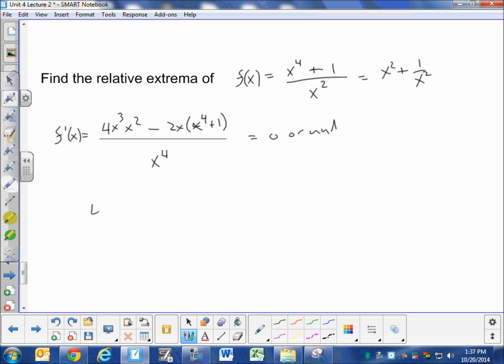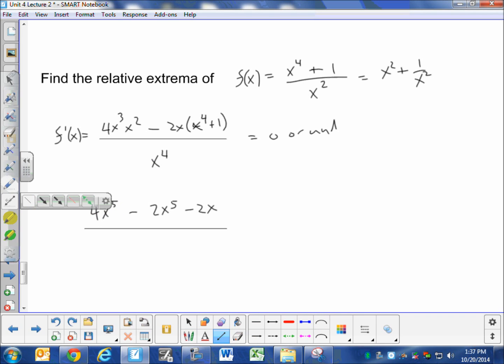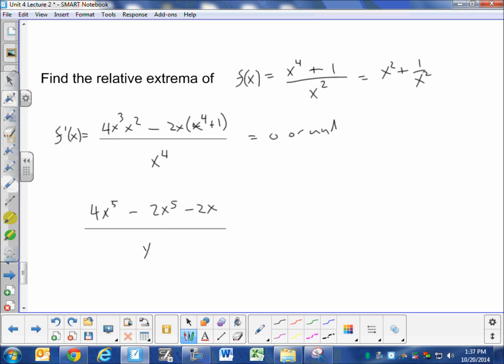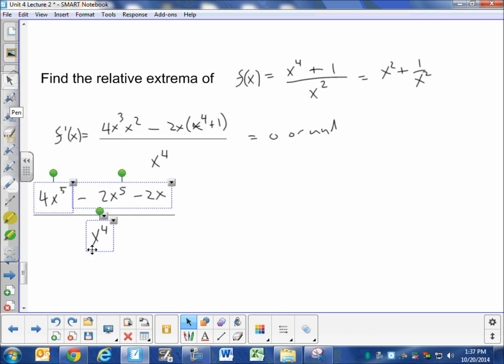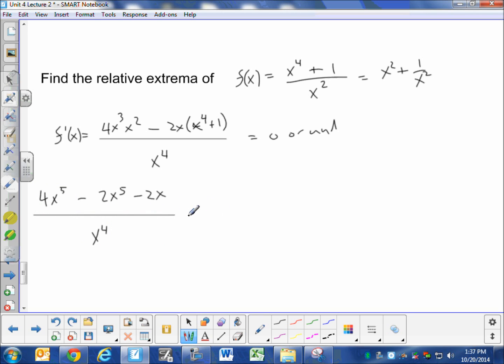So I'm going to see when this is equal to 0 or undefined. So this is 4x to the 5th minus 2x to the 5th minus 2x. So that's over x to the 4th. This becomes 2x to the 5th minus 2x over x to the 4th.